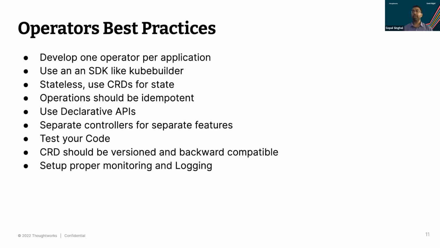Use declarative APIs as much as possible. Though there is an option of having imperative APIs as well, that requires us to set up logic and sequence of implementation. So try to use declarative APIs as much as possible.